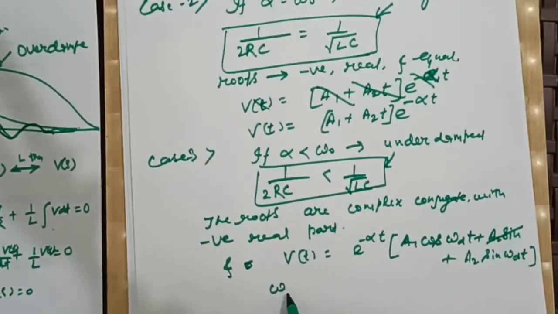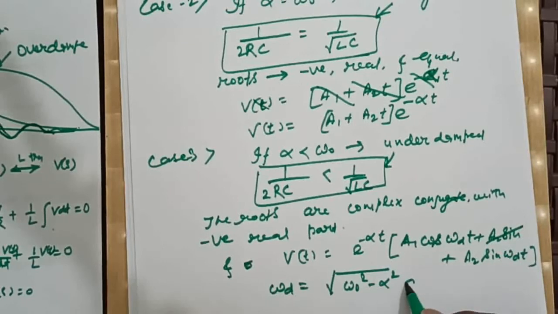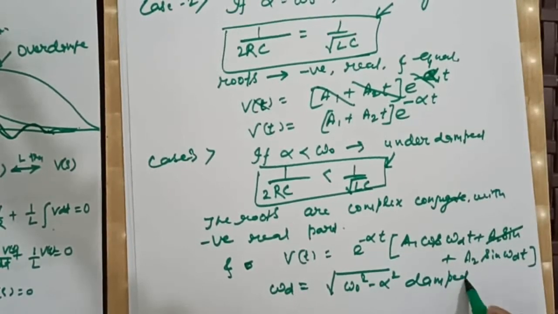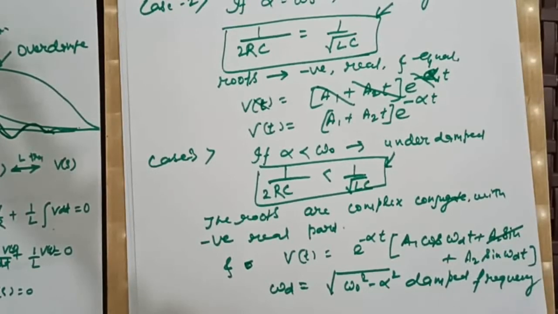Once again, this omega_d is the damped natural frequency, which is nothing but root of omega naught square minus alpha square. This is the damped frequency. Clear?